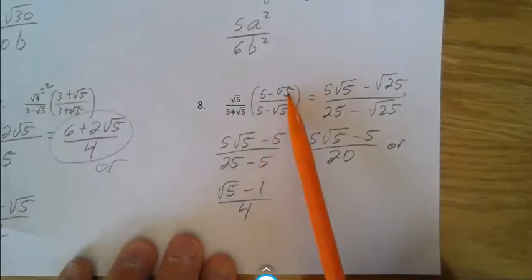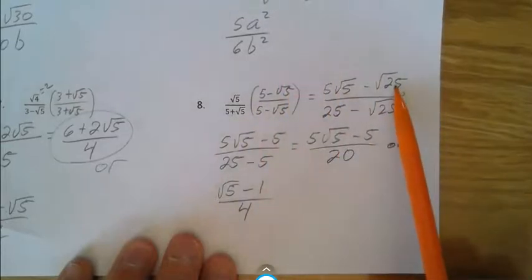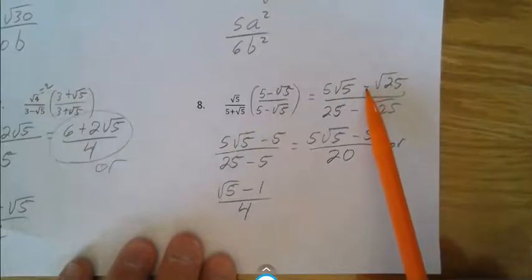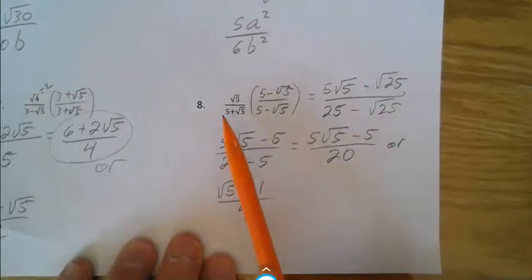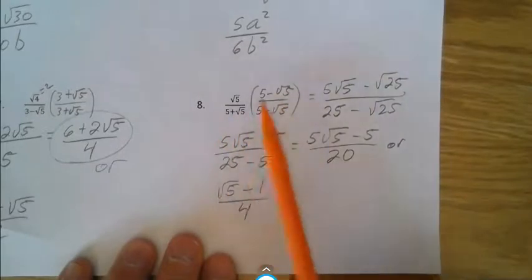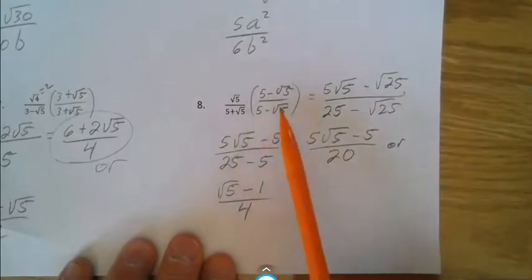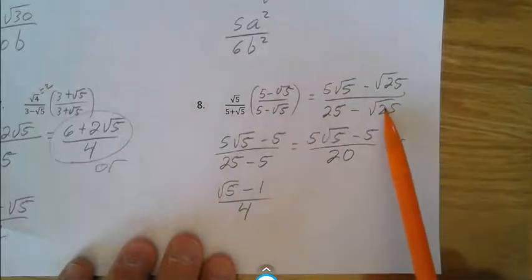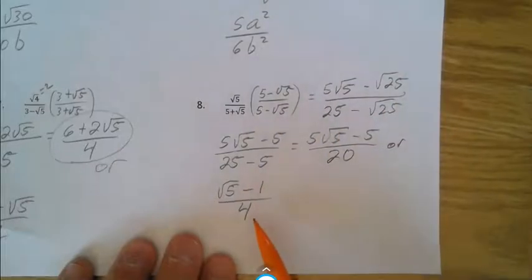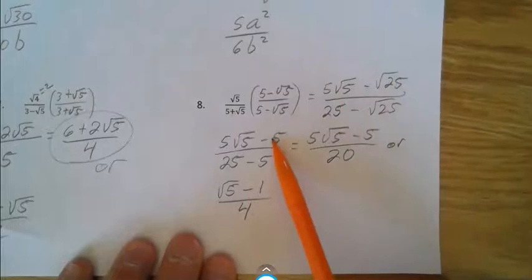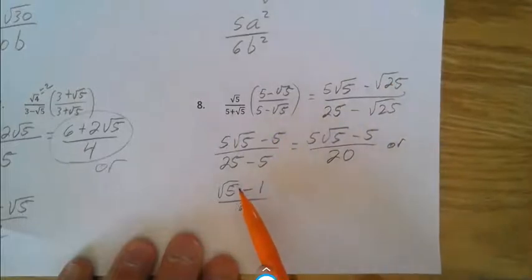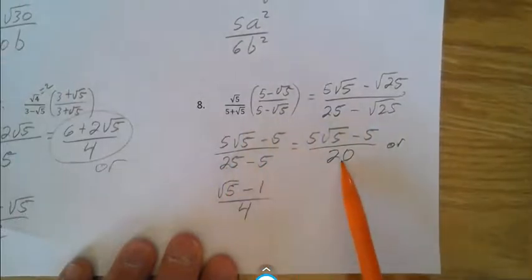Square root of 5 times square root of 5 is 5, or square root of 25, which will be 5. And again, that's minus. And then 5 times 5 is 25, and the middle terms cancel out, and square root of 5 times square root of 5 again is going to be 5. So I have 5 square root of 5 minus 5 over 25 minus 5, which is 20.